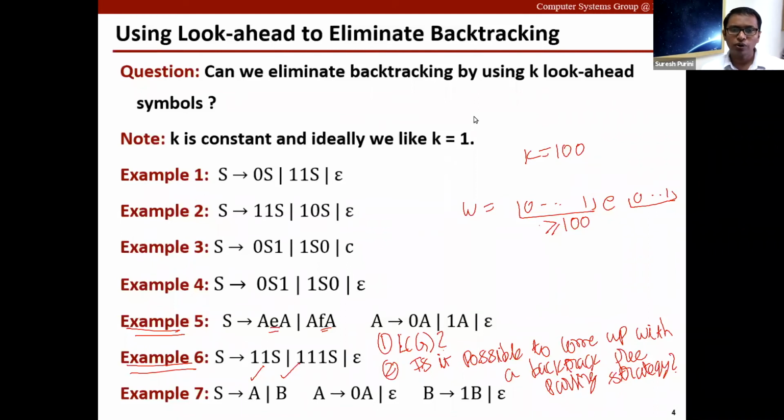So when we want to construct parse trees in a backtrack-free approach, the idea is the same. We want to construct a parse tree which respects left associativity, and we would like to construct it without doing backtracking.